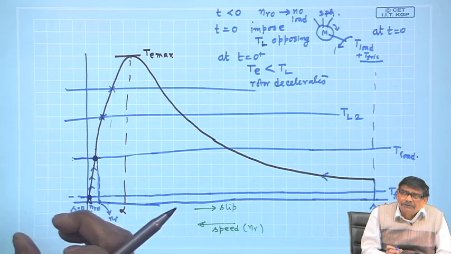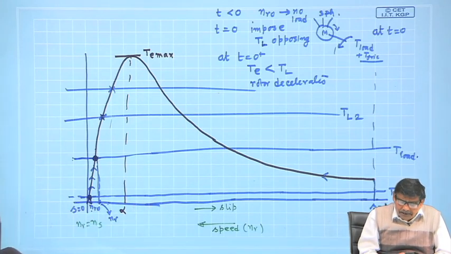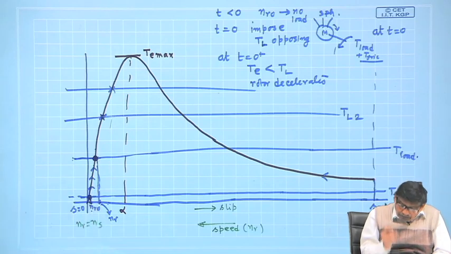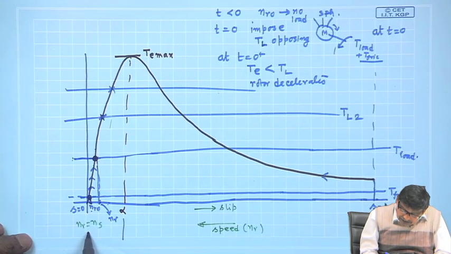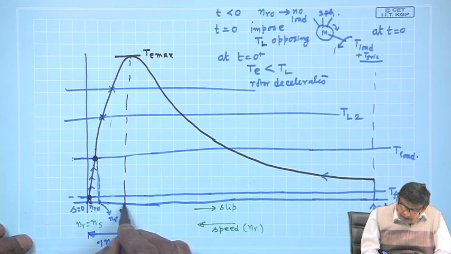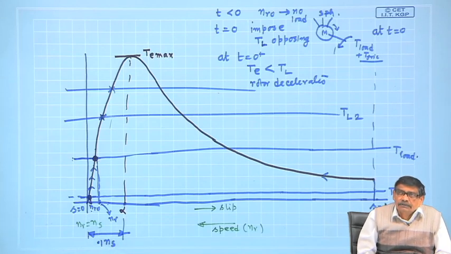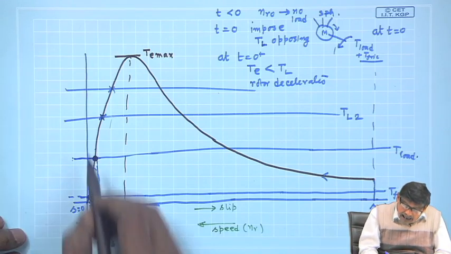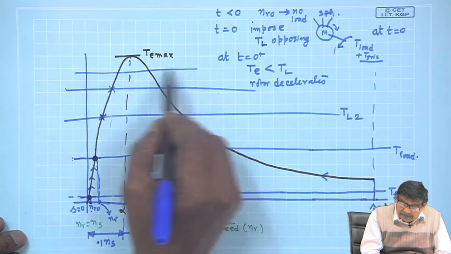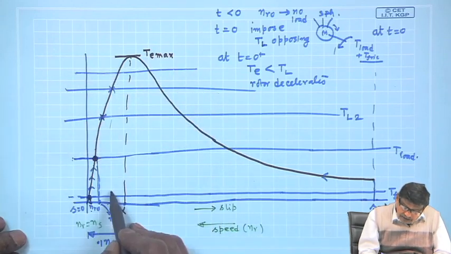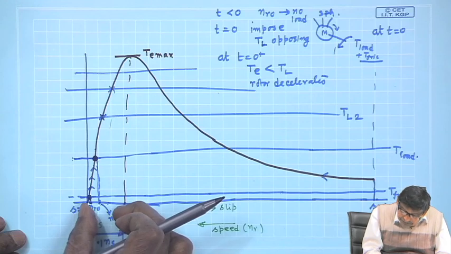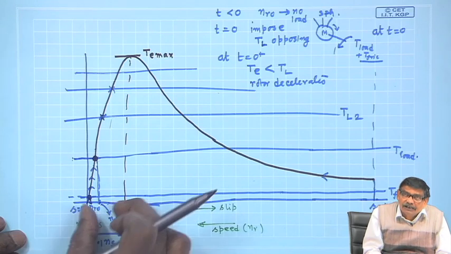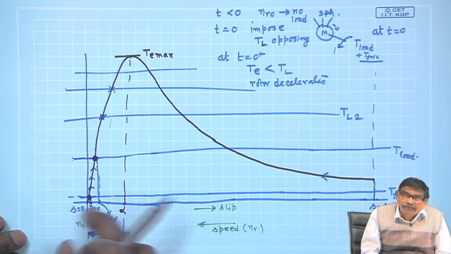But speed will not drop by a very large amount, because this NR is only 10% of NS, some typical value. As you proceed like this, the operating point will come here, but this variation of speed or variation of slip is only very little.